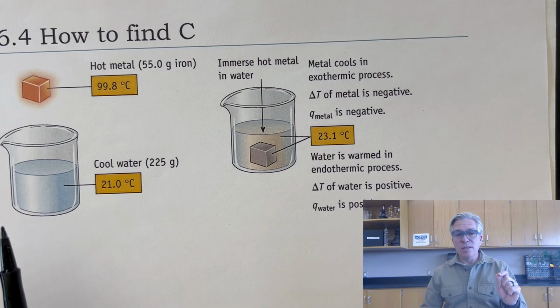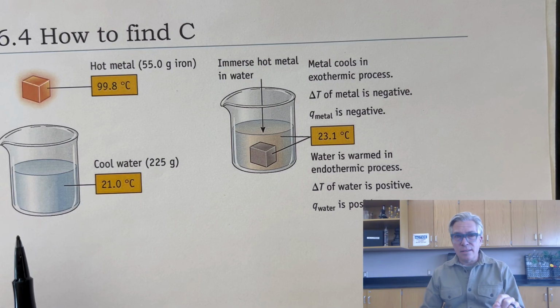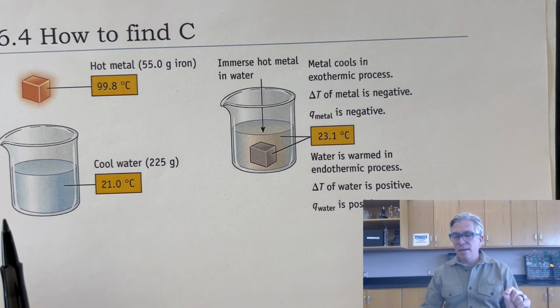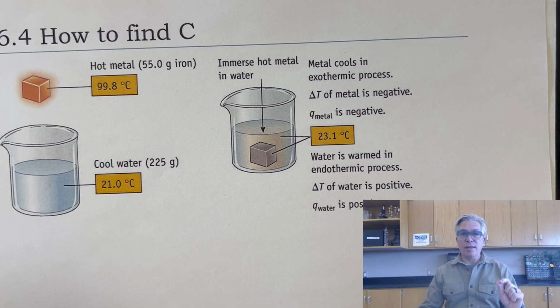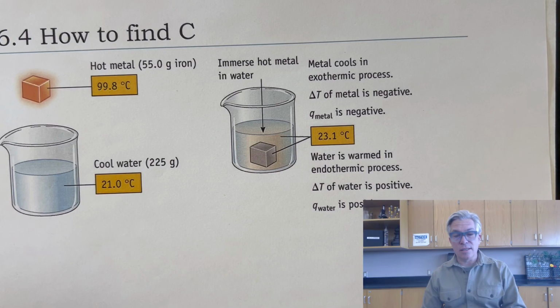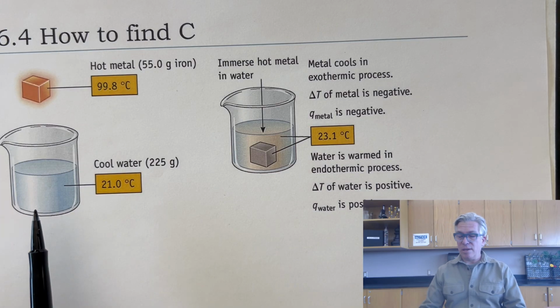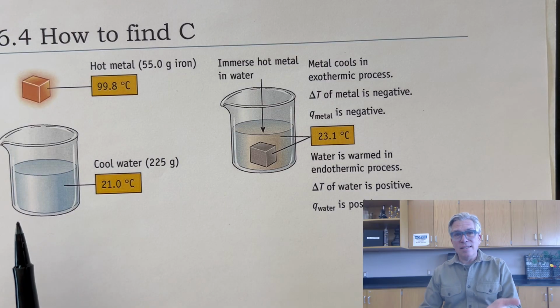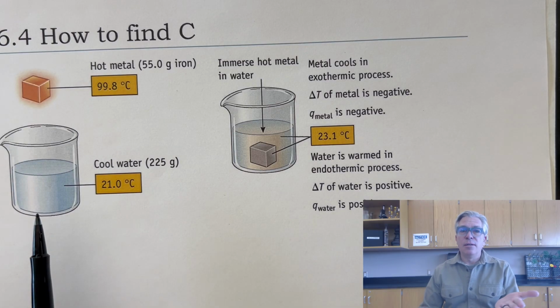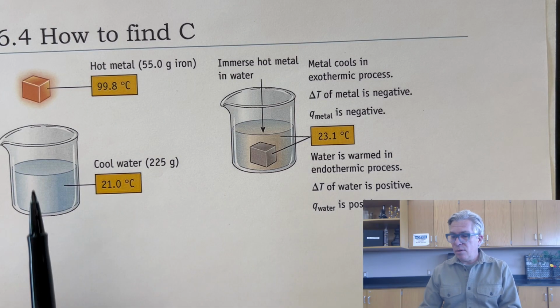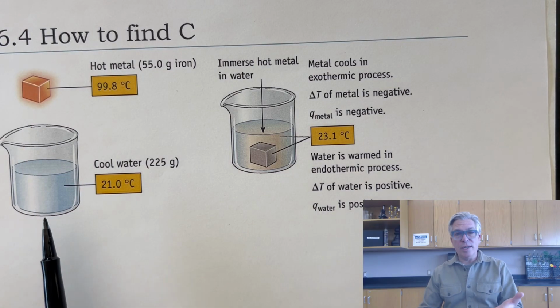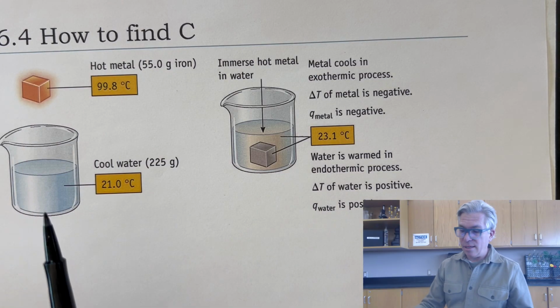In fact, we know that because it's kind of how they defined heat. Way back in the day, a calorie was defined as the amount of heat it took to raise 1 gram of water 1 degree Celsius. A calorie is the same as 4.184 joules, so we've basically defined the heat capacity of water to be 4.184 joules. So if we compare something else to it, we can then get a judgment about its heat capacity.